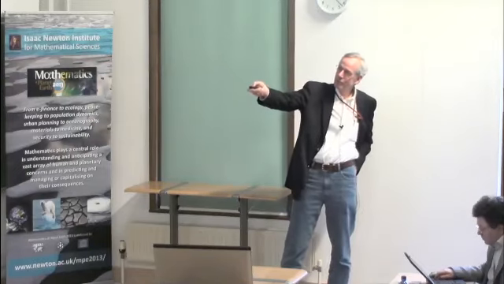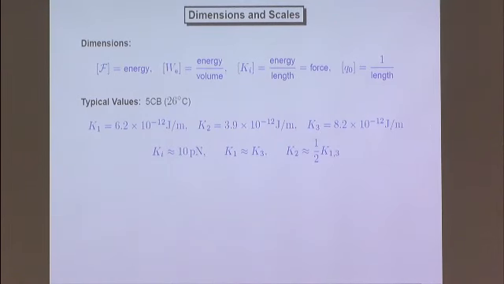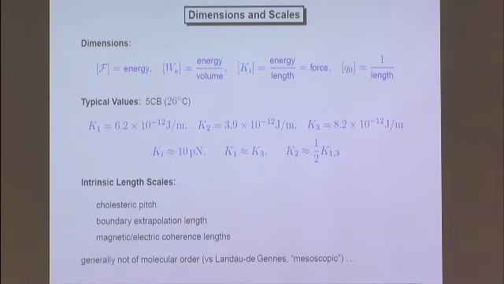The other rules of thumb that you usually have associated with these kinds of low molecular weight materials are that frequently the K1 and K3 constants are comparable in magnitude. The K2 constant, the twist constant, is generally a little bit smaller, frequently roughly of the order of half the magnitude of K1 and K3.